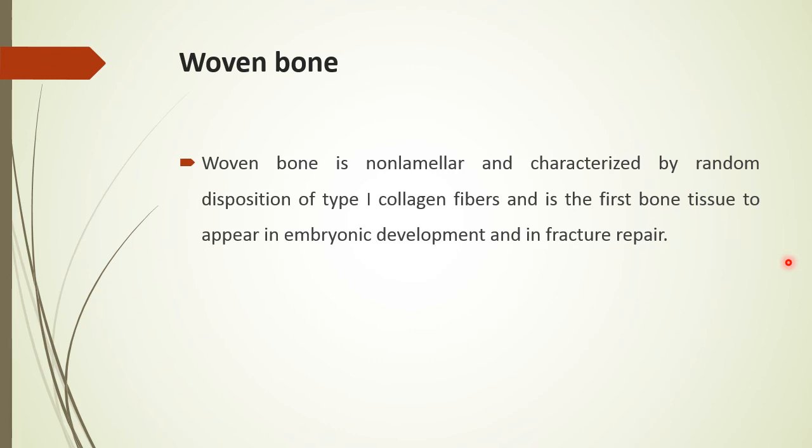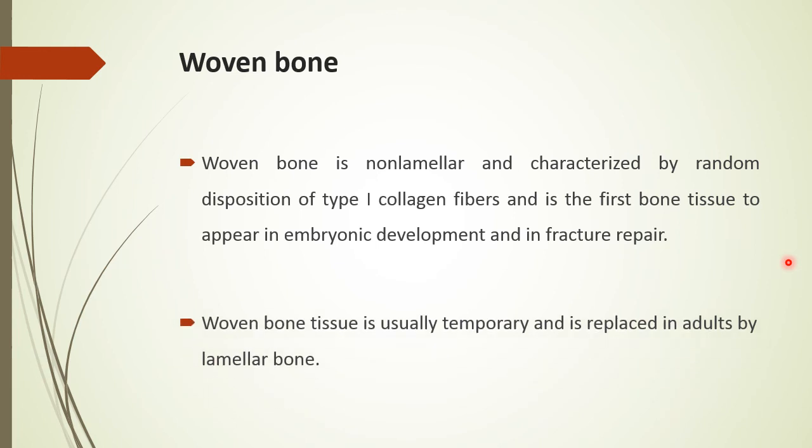When an adult has a fracture in one bone, the first bone formed is woven bone, which later turns into mature lamellar bone in repair. Woven bone is usually temporary, and then is replaced in adults by lamellar bone.